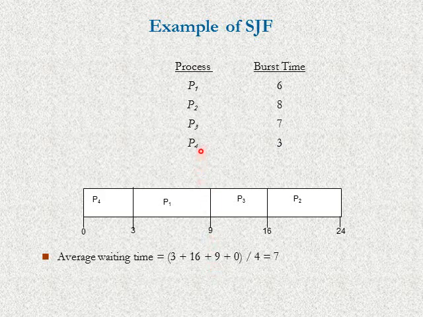And for P4, it arrived at time 0 and went into the processor at time interval 0, so 0 minus 0 is 0.